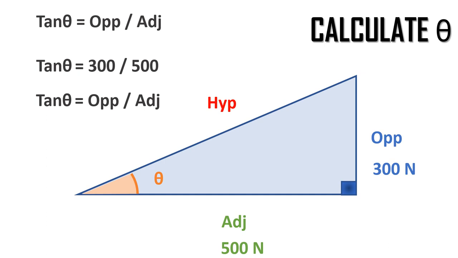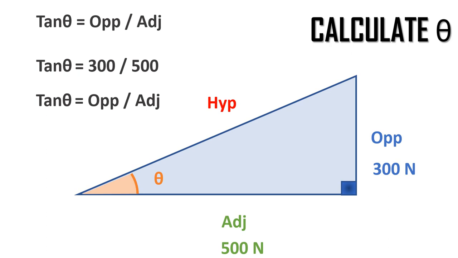Now, this is where we do a small amount of jiggery-pokery, because tangent is a function, it's a calculation. And if we have tangent next to theta, that is essentially the equivalent of saying we will take this angle that we want to measure and find out its tangent. But we don't want to do that. We just want to know what the angle is. We don't want to know the tangent of the angle. So we need to make the angle here, theta, the subject of our equation.